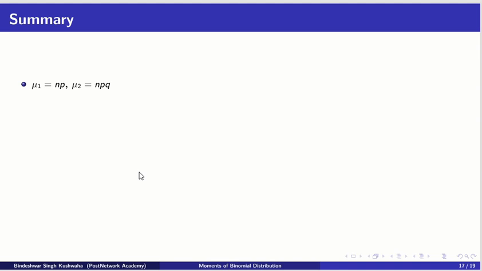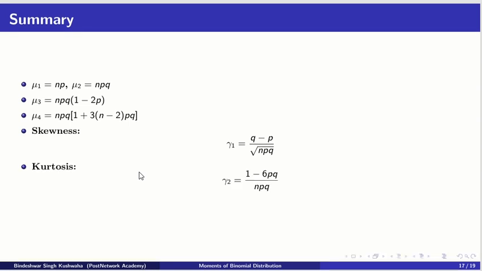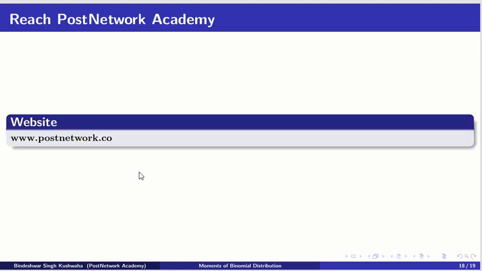So let us see the summary. The mean of a binomial random variable is np, mu2 is npq, mu3 is npq(1 minus 2p), and mu4 is npq[1 plus 3(n minus 2)pq]. Skewness, that is gamma 1, is (q minus p) upon the square root of npq. Gamma 2, the excess kurtosis, is (1 minus 6pq) upon npq.